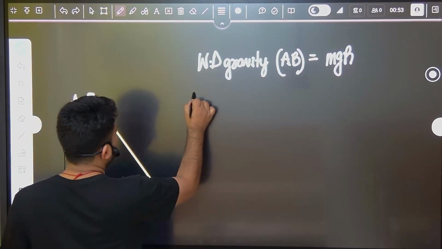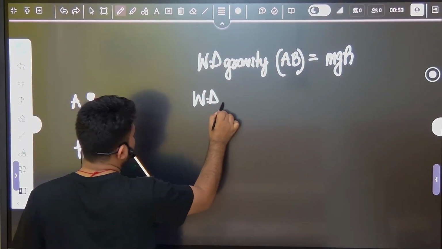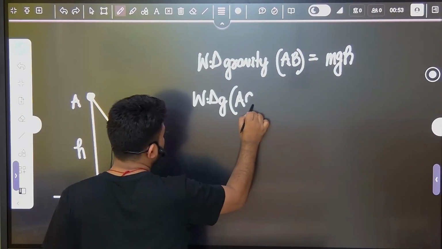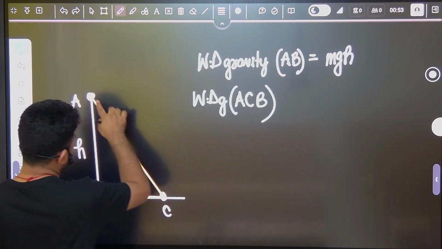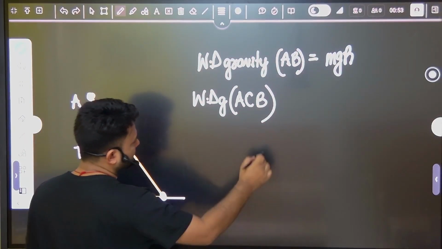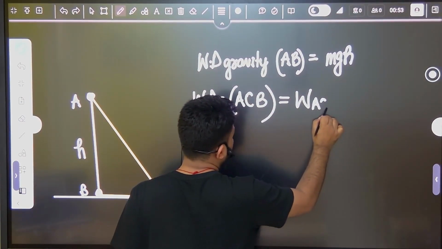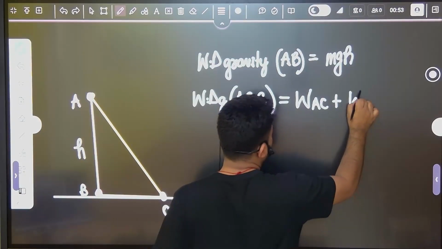Now let's find what is the work done by gravity. Work done by gravity by path A to C to B. So I can break it into two parts: work done during part AC plus work done during part CB.